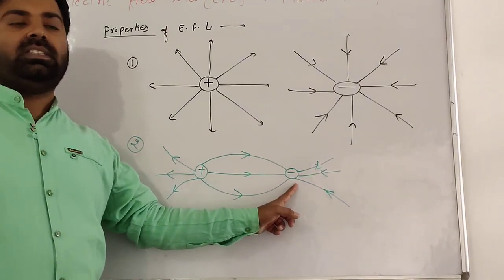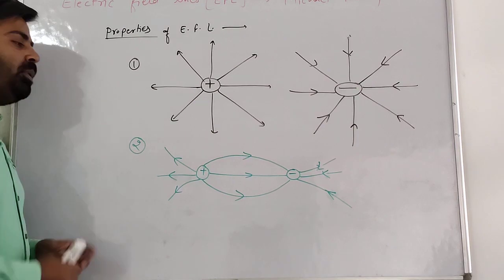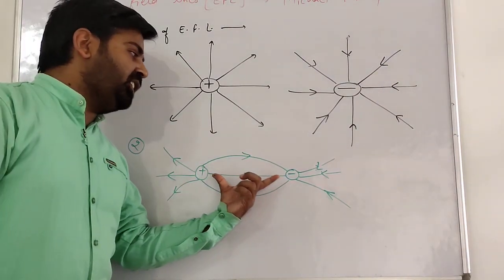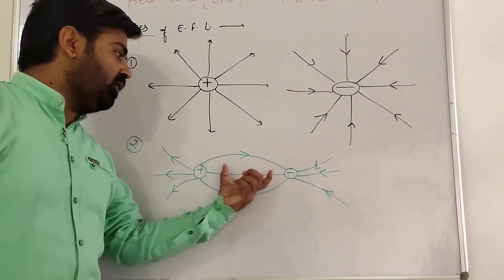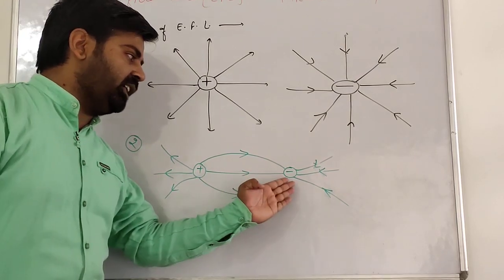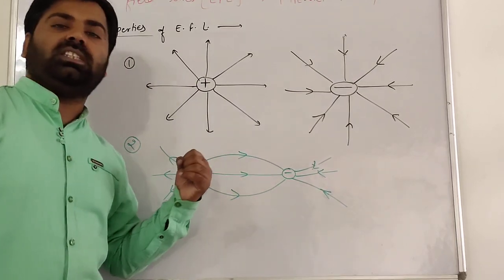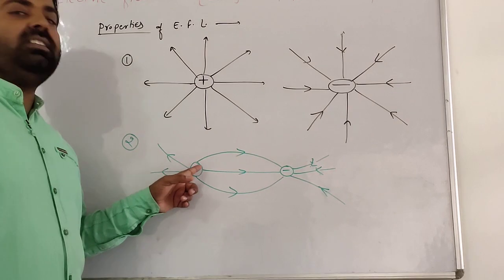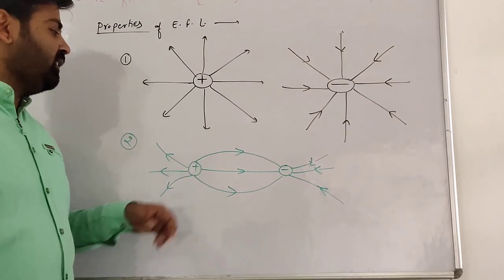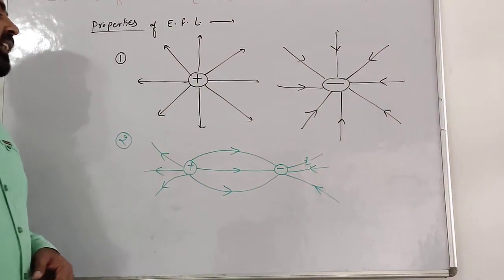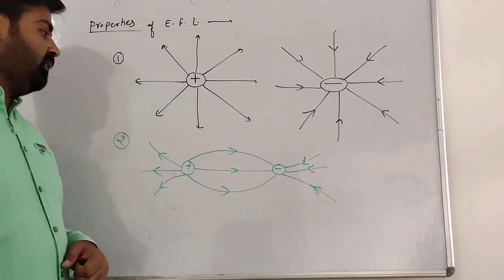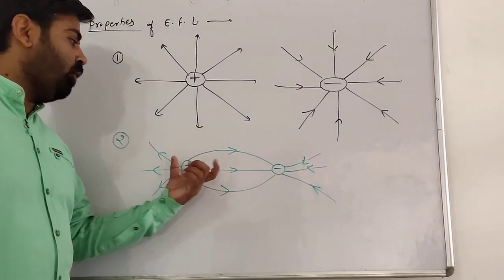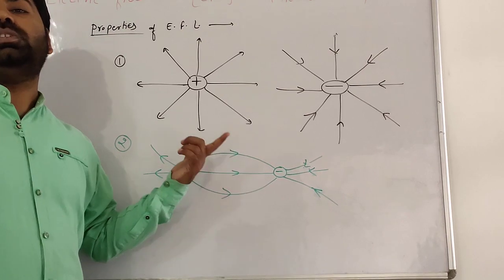Third property: when opposite charges are put very close to each other, we consider positive and negative, then electric field lines always look like a straight string, which shows that opposite charges always attract each other.